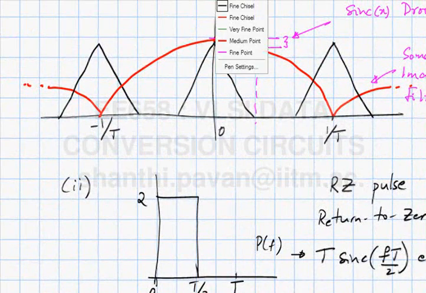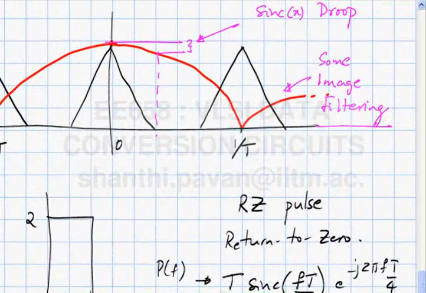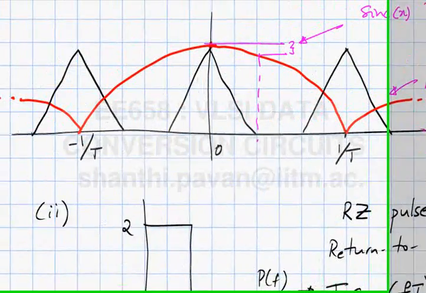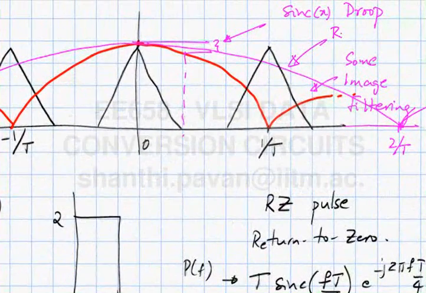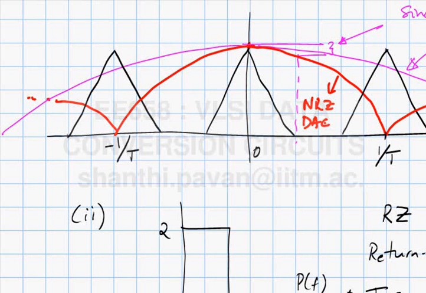So if I draw the spectrum on the same picture, what can you say about the droop, sinc droop? Will it be smaller or larger? It will be smaller, okay, and this must be 2 by T. So this is for an RZ DAC. This is for an NRZ DAC. So when you compare the RZ and the NRZ DAC, what can you say? The droop is less, okay, but what about the image filtering? It's certainly less for a return to zero DAC.